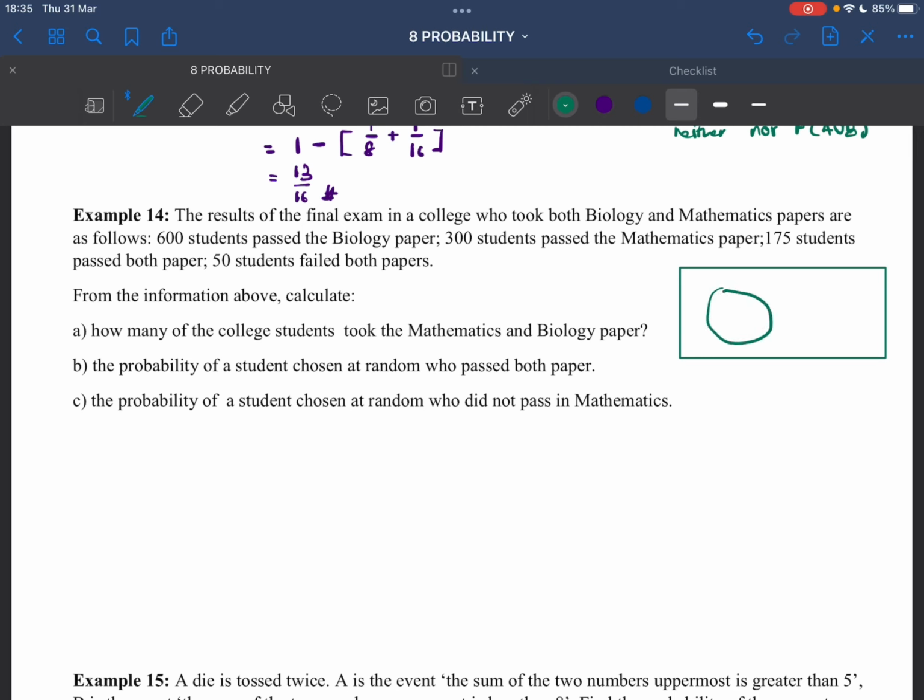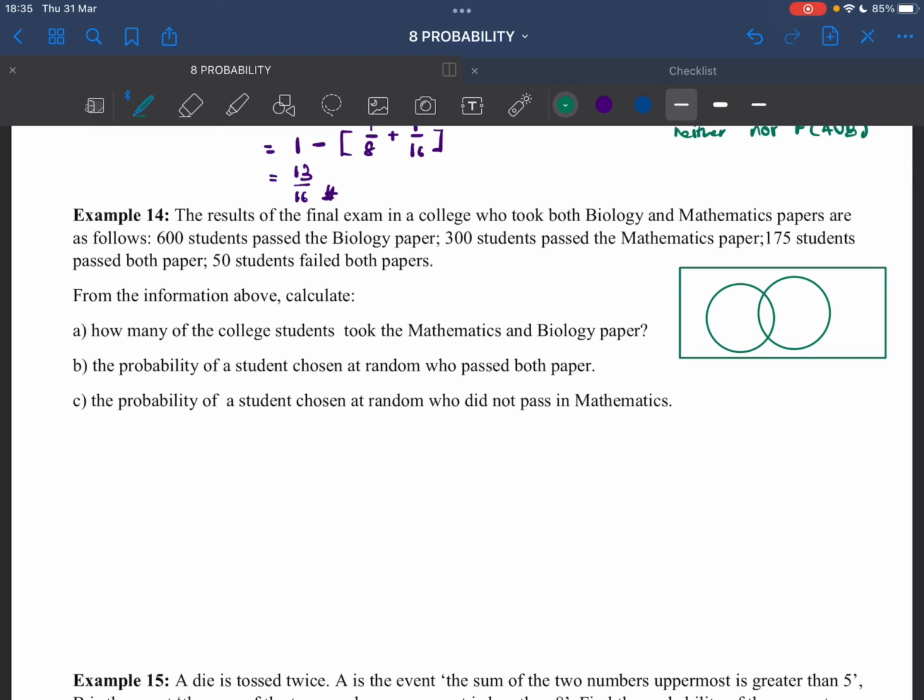So we have biology and also mathematics, and remember this is for pass the paper. What we are going to use in the Venn diagram is the students that passed the papers.